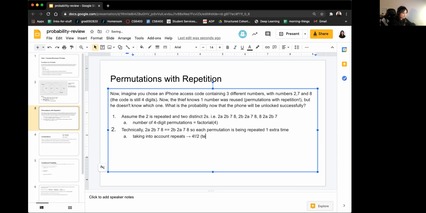Technically, if a digit were repeated 3 times, we'd divide by 3 factorial, because that's how many different ways you can arrange 3 things. So technically this shouldn't be just 2, it's 2 factorial, but 2 factorial is equal to 2 anyway. Does that make sense? Okay.